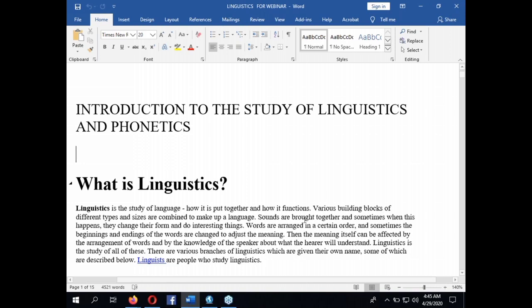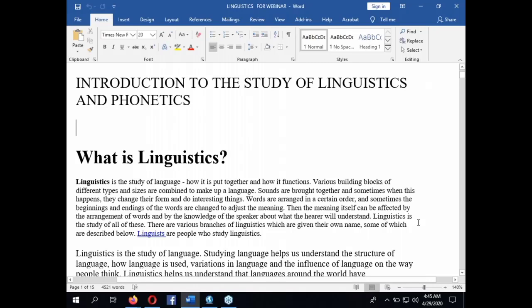I'm going to look at what is linguistics. Now, linguistics is the study of language, or the scientific study of language. Here we look at linguistics from the various branches that make up language. Language is like a whole, but within it are all the segments that make it the whole. We'll look at it in terms of the sounds.